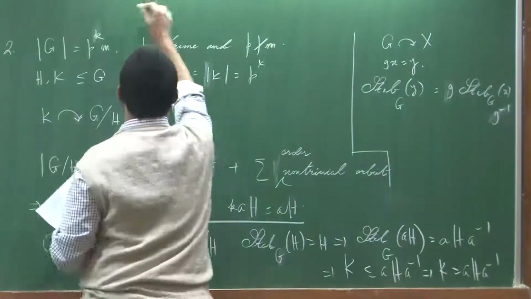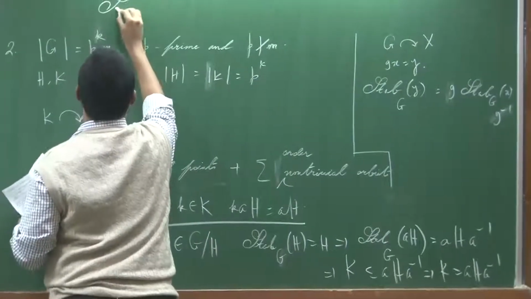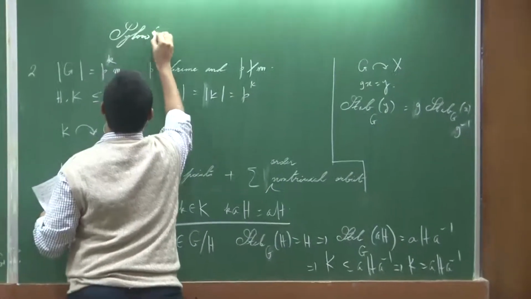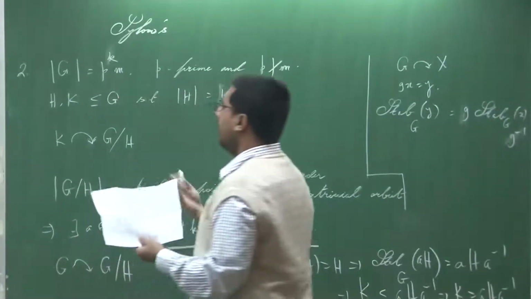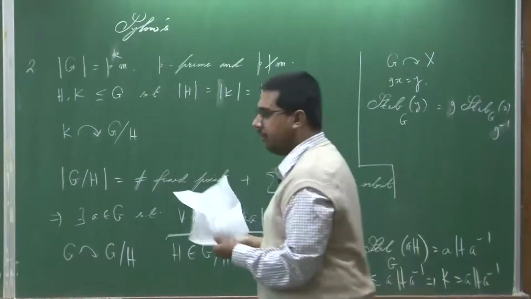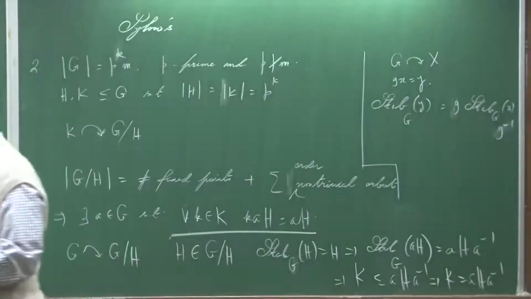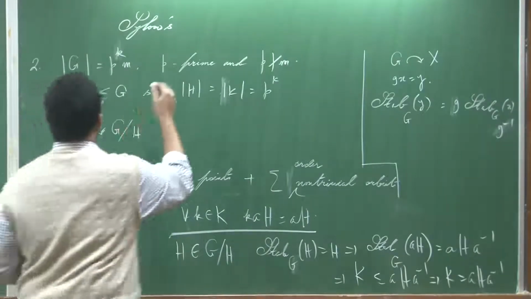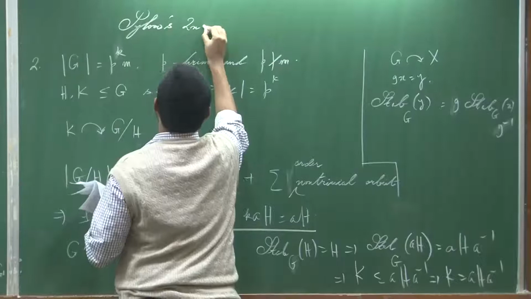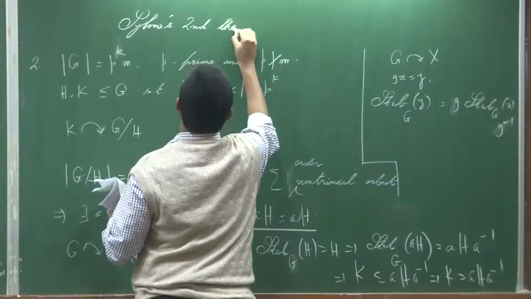This fact is called Sylow's second theorem. In fact, in this course we will look at the three celebrated theorems of Sylow. So, this is the second theorem, Sylow's second theorem.